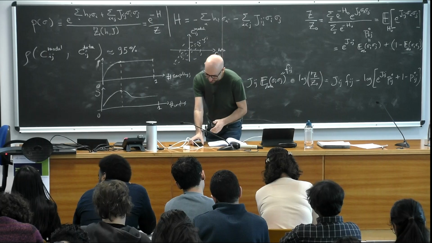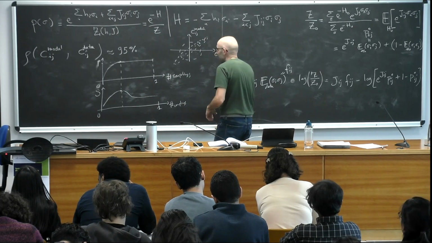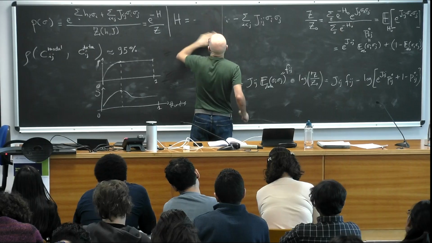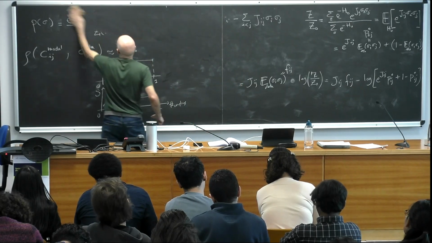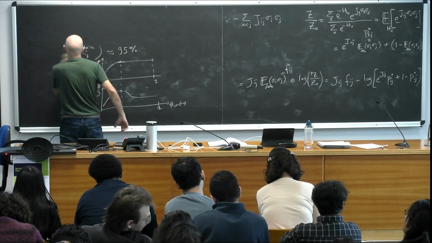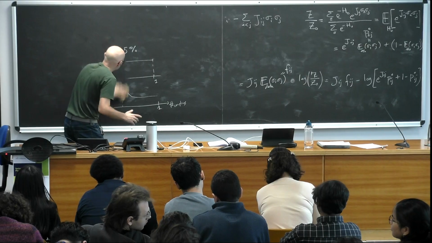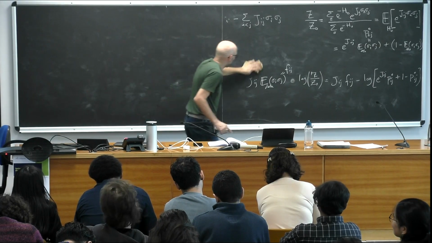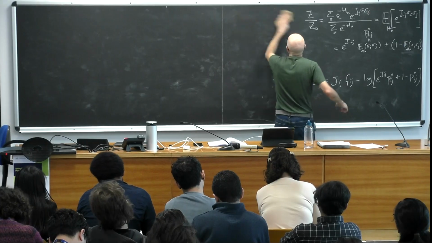Okay. Now I think I'm done with the theory, and now I can introduce the application of these ideas to proteins. Of course, you can apply these ideas to many data, and in particular, I told you the data of the neural recording of animals can be used in this way.